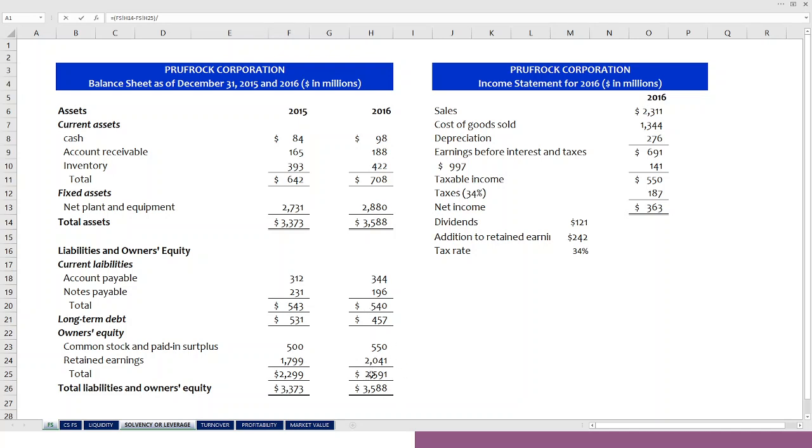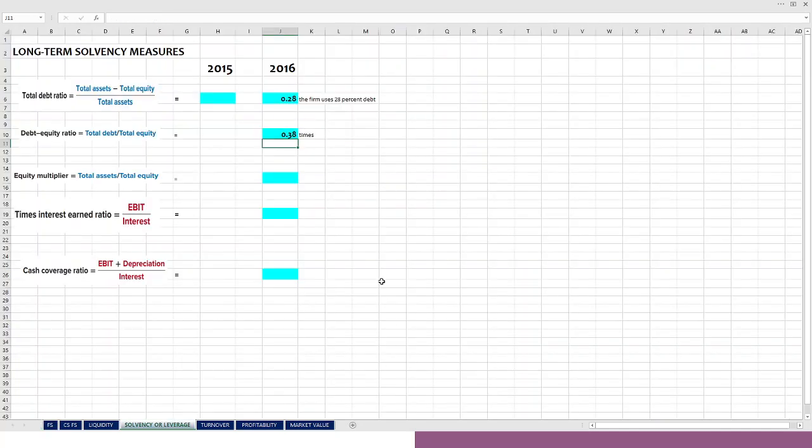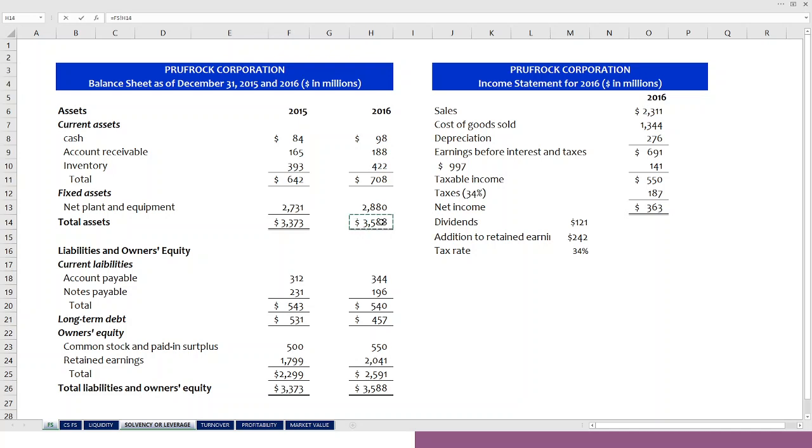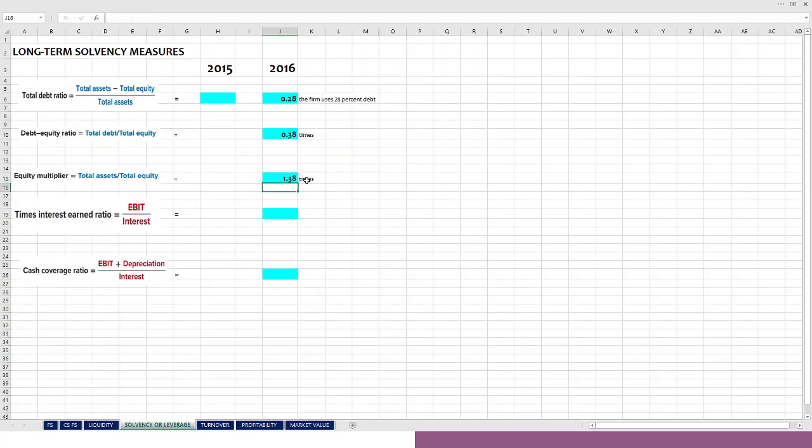So our equity is also this. So this gives us 0.38 times. Then equity multiplier is total assets all over the total equity. This is total asset, which is this, divided by our total equity, which is this. So that gives us 1.38.